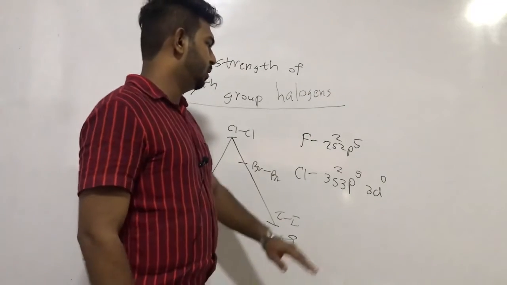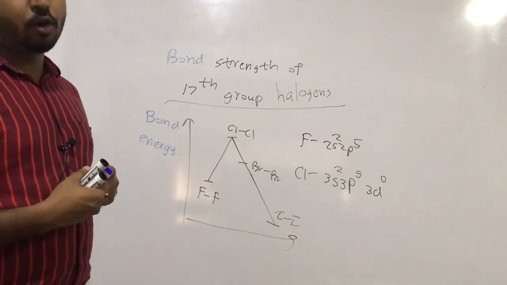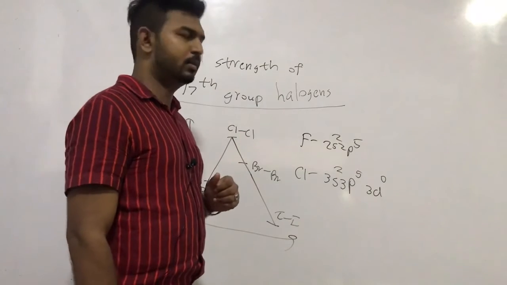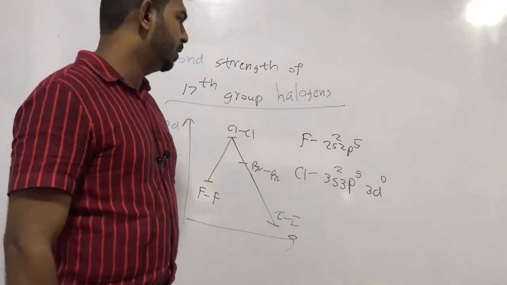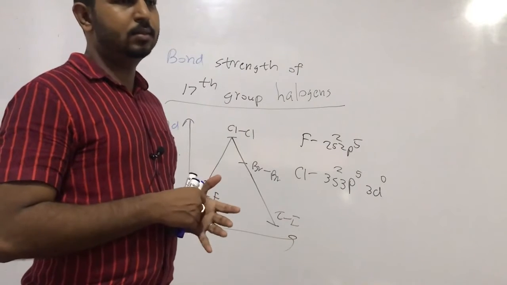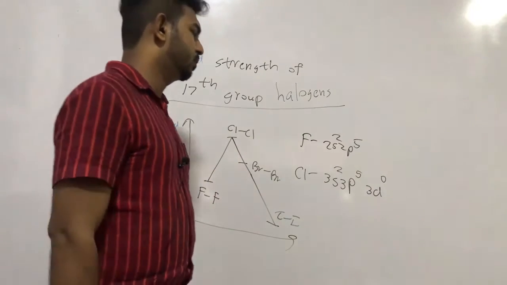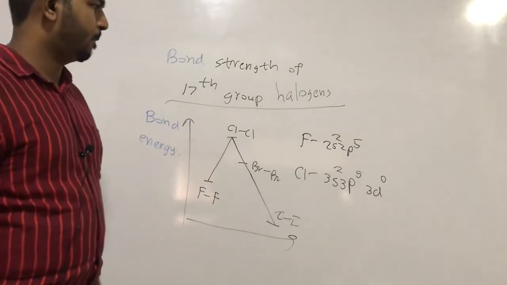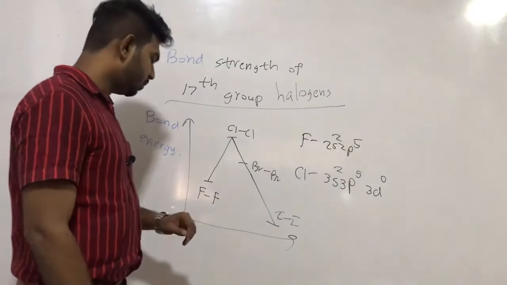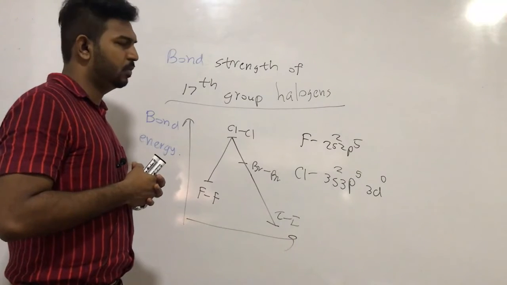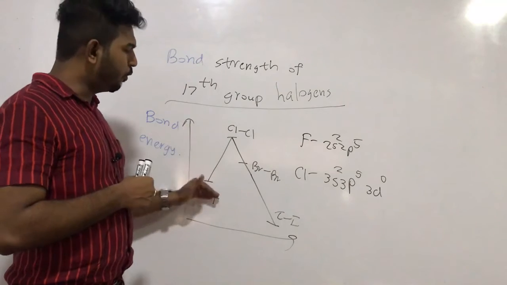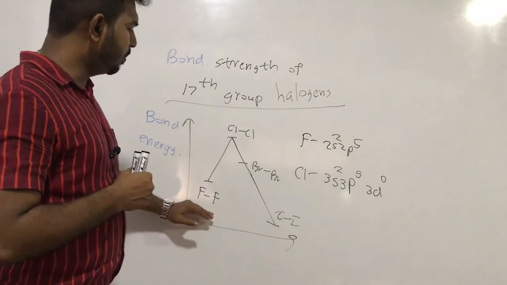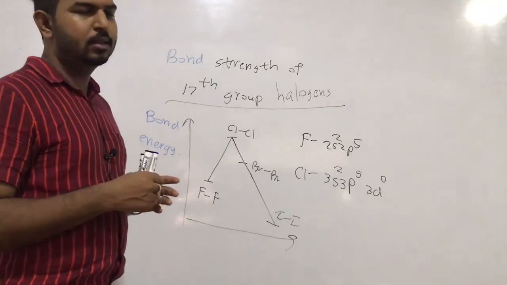Therefore, they can form additional bonds with the d orbital, and they are relatively higher than the bonds of fluorine.